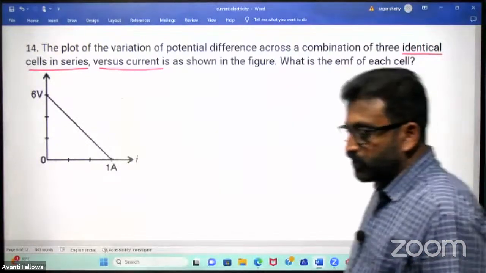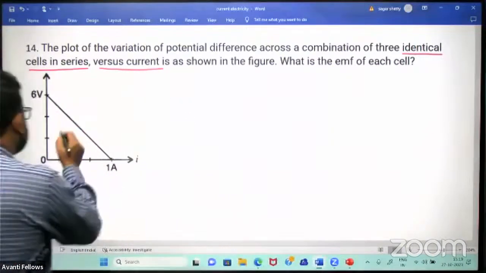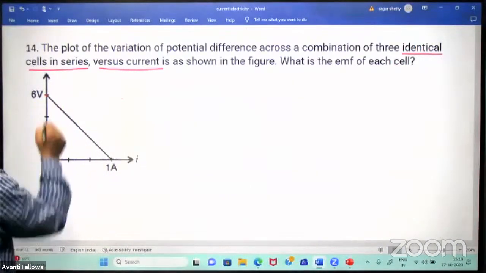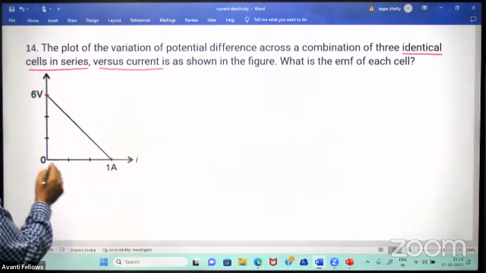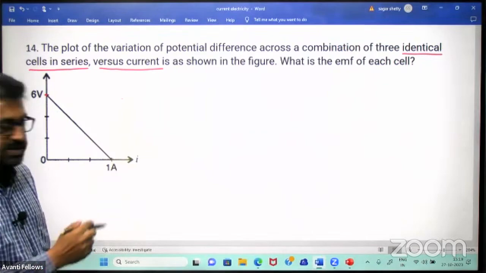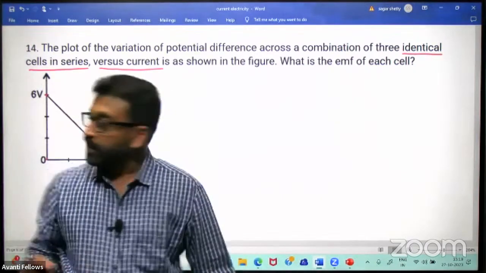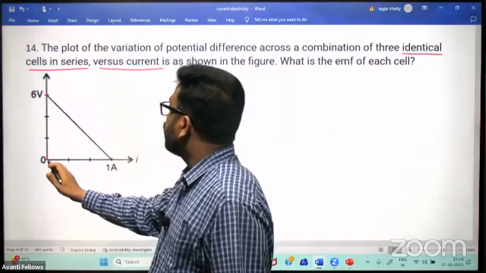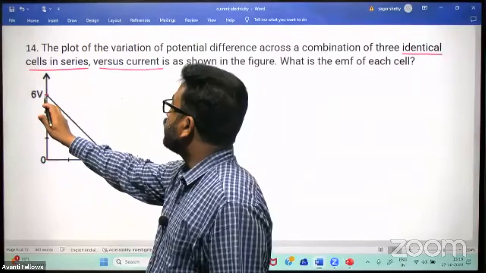As I told you in the morning, this point represents the EMF. So this is the total EMF of all the three cells when the current reduces to 0. Here at this point the current is 0. The potential difference there is 6 volt.